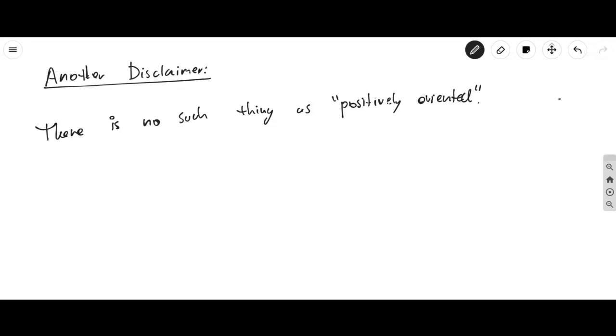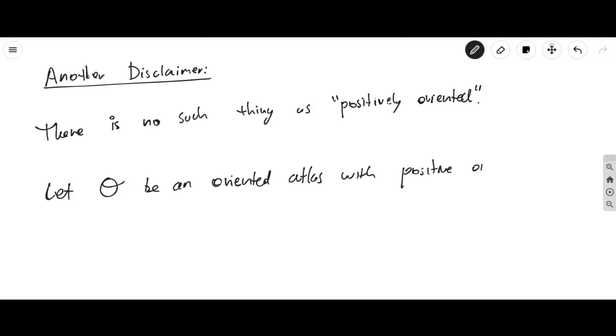That makes absolutely no sense in an abstract space. So you will never say something like, let O be an oriented atlas with, let's say, positive orientation. That makes no sense whatsoever.